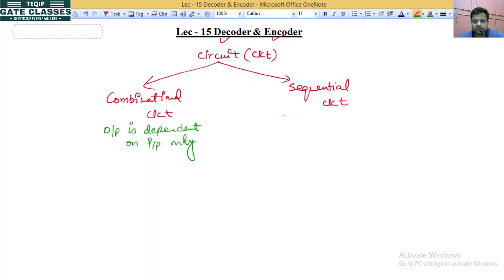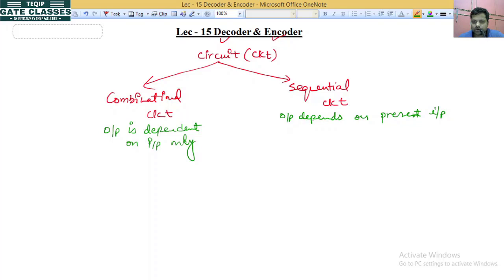So what is a sequential circuit? A circuit in which output depends on present input, means the input that you are going to apply, and past output.